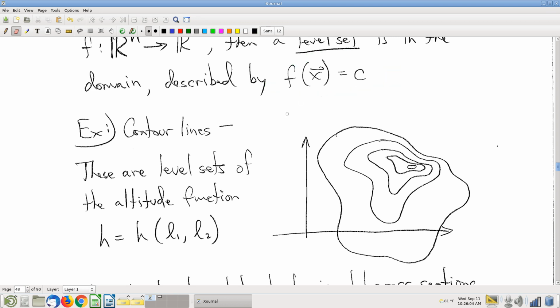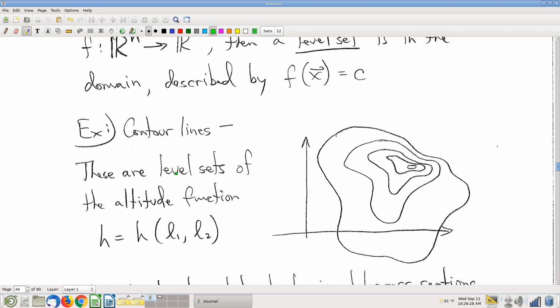I'm going to show you some examples of where you have actually seen level sets before, maybe not with that terminology. If you've ever gone hiking and looked at a map that has what they call contour lines, or what Google Maps these days calls terrain, at a certain level of zoom there's an option that you can hit, terrain. It'll show you contour lines.